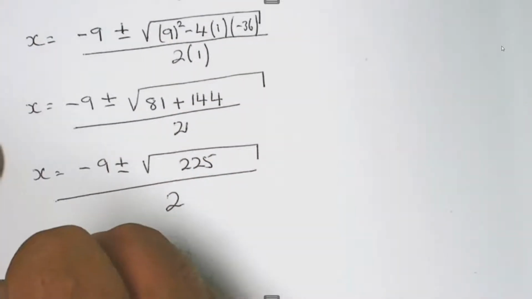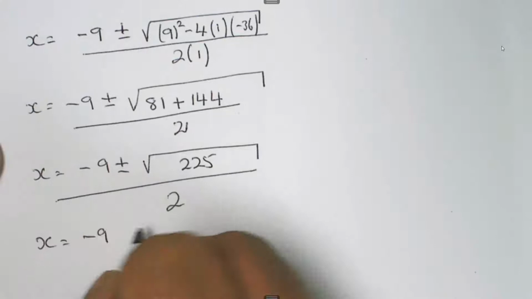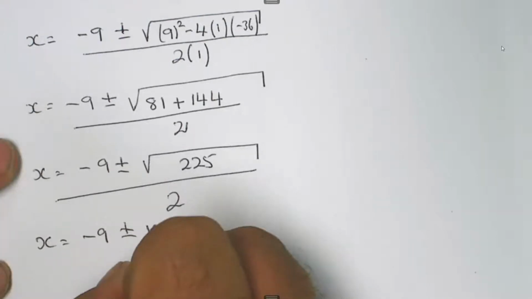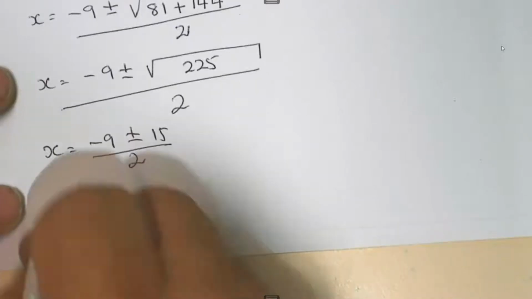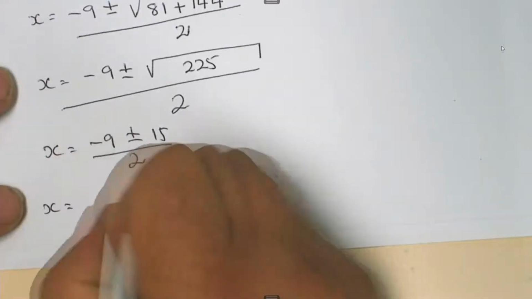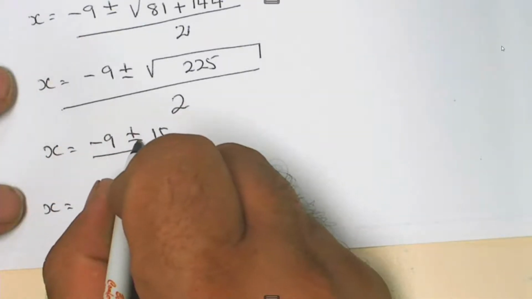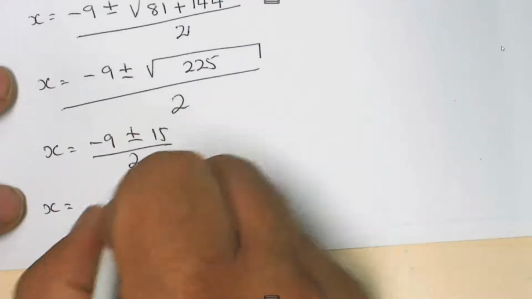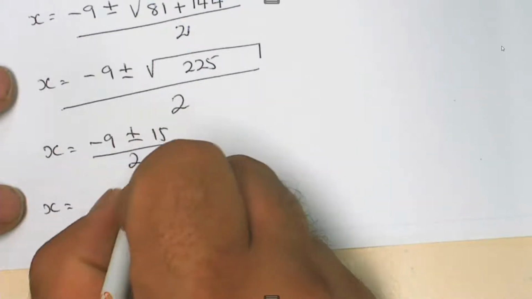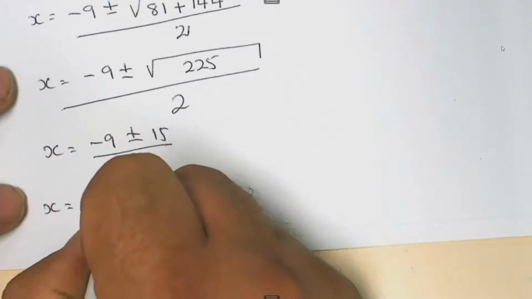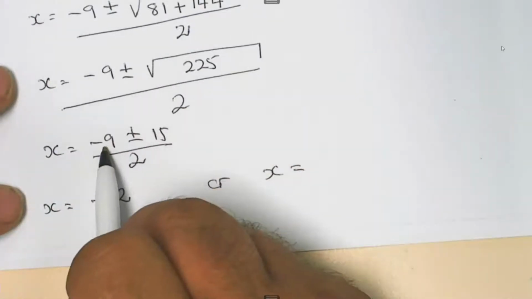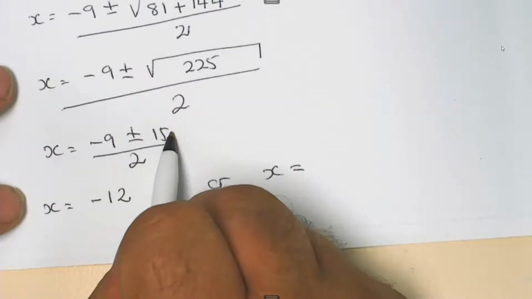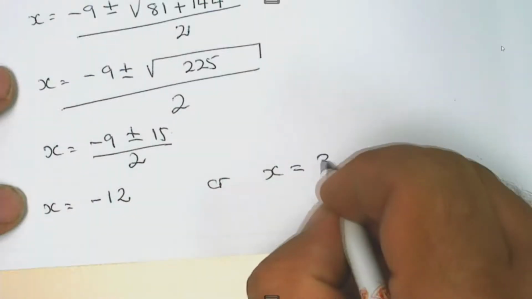So now it becomes x is equal to negative 9 plus or minus 15, over 2. Therefore, we can say that x is equal to negative 9 minus 15, which is negative 24, over 2, is negative 12. Or x is equal to negative 9 plus 15, which is 6, divided by 2, is 3.